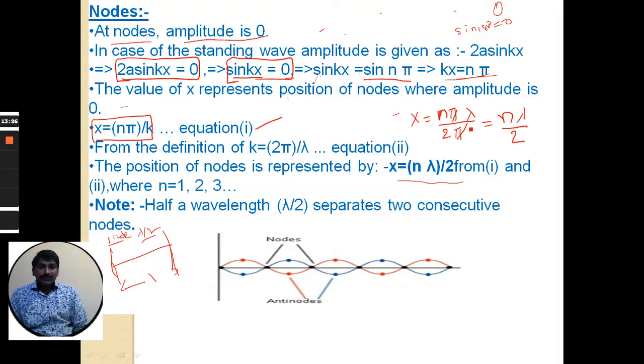So now I got x equals n lambda by 2 as the position of the node in the wave. Where n equals 1, if I substitute, I get x equals lambda by 2. This is the first initial position of the wave to the first node where it will form.